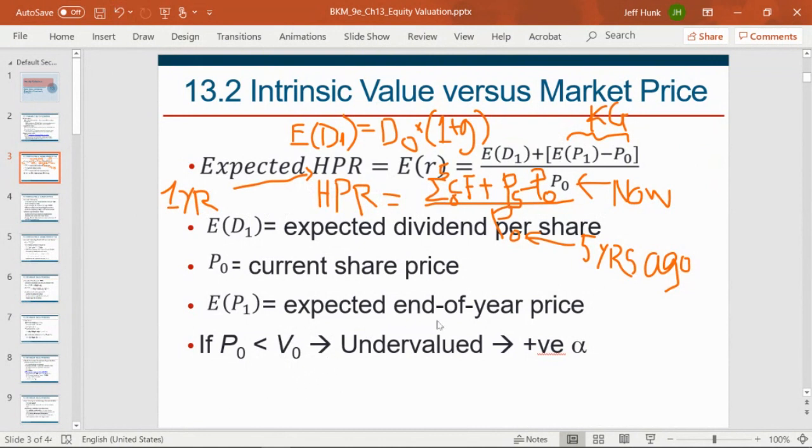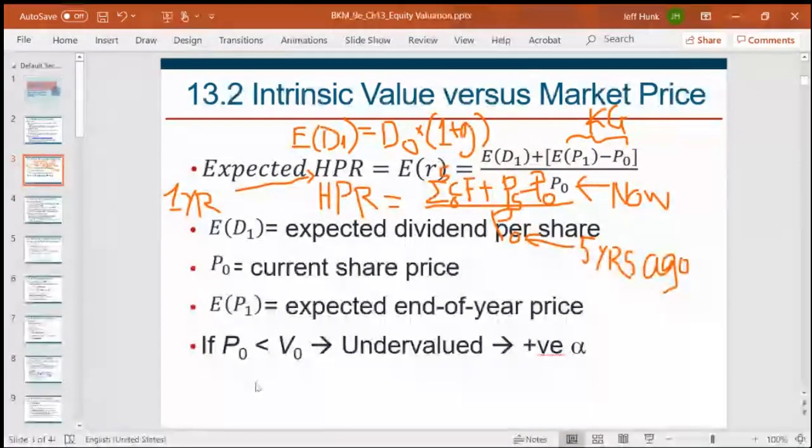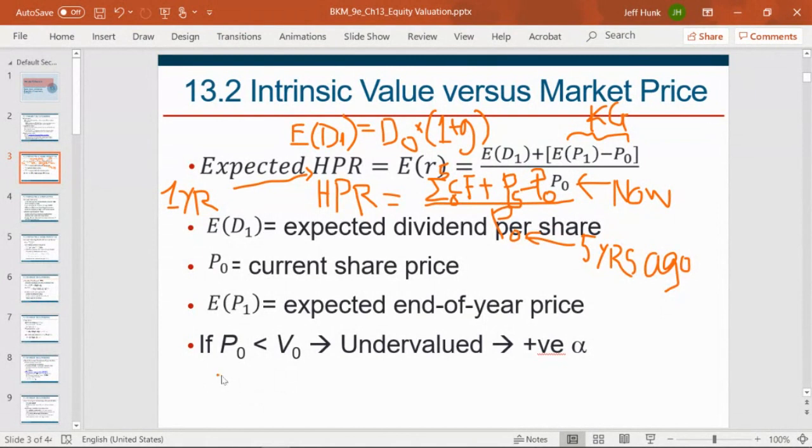But think, how do we then, our question is, okay, that's return, but we are talking about intrinsic value. So how do we find intrinsic value then? Intrinsic value is, this is market, this is intrinsic value, right?